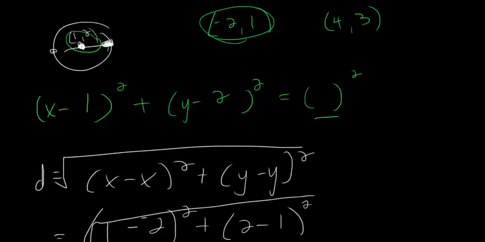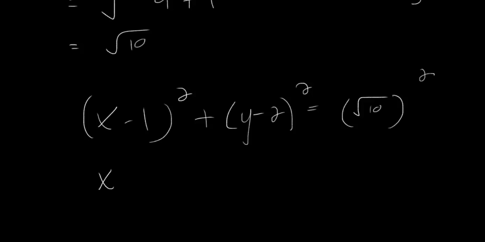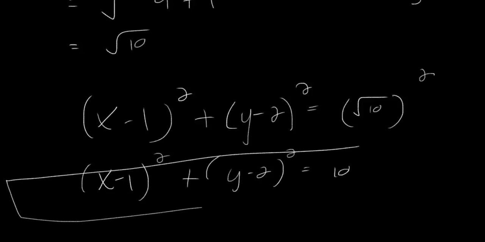We found that distance right there to be the square root of 10, which is r. And when I square the square root of 10, I just get 10. So this is the final answer.